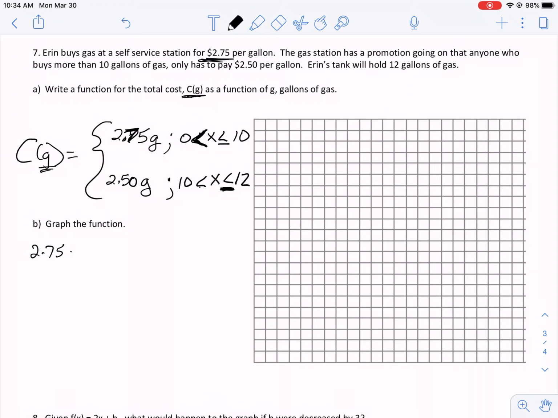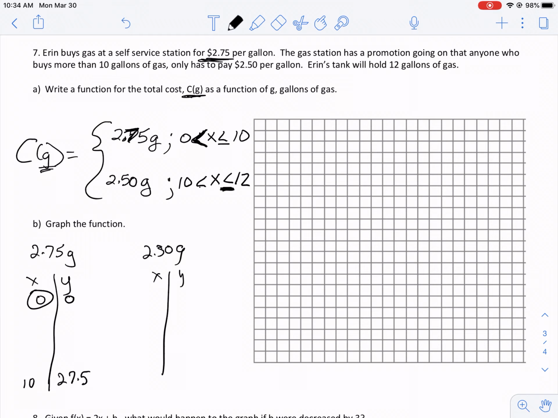Now, 2.75g and 2.50g make our tables. So 0 gets an open circle, and that'll be 0 anyway. And if she goes up to 10 gallons of gas, she'll pay $27.50. Okay.